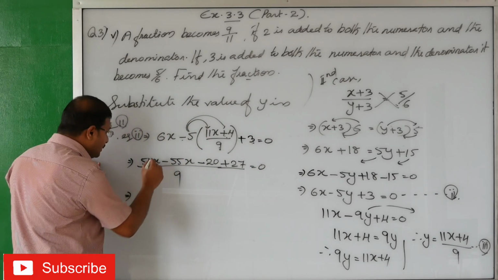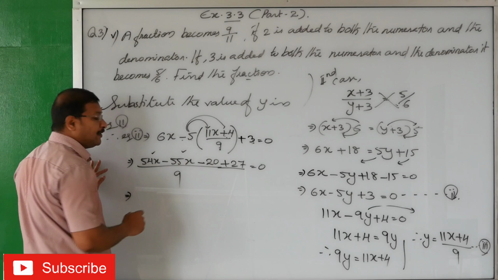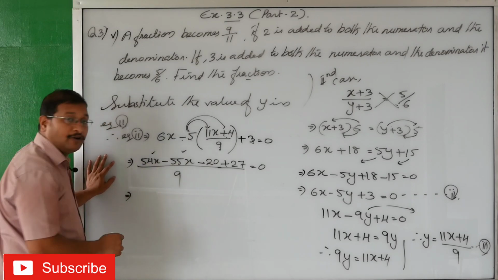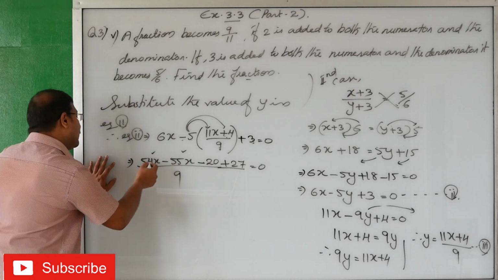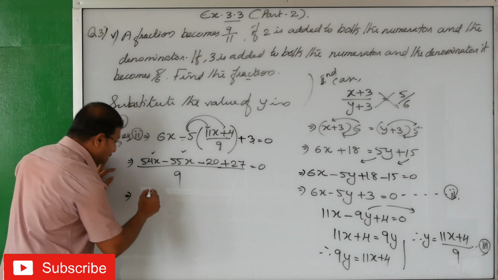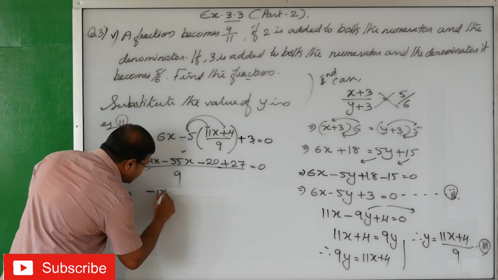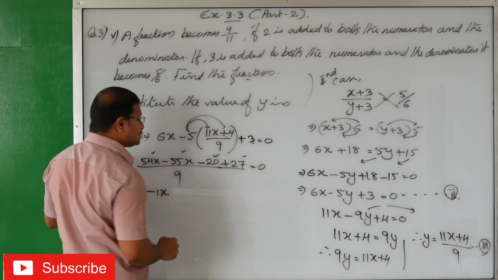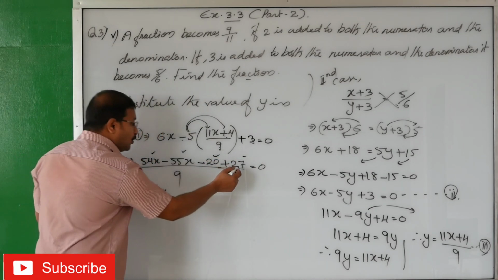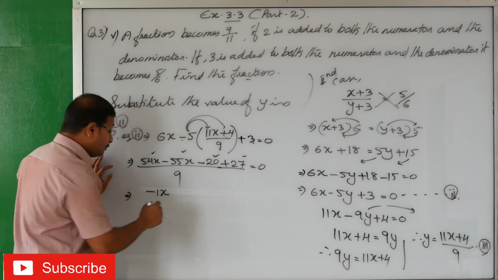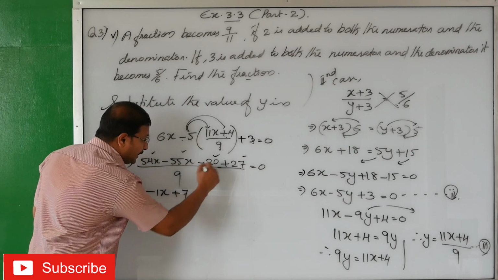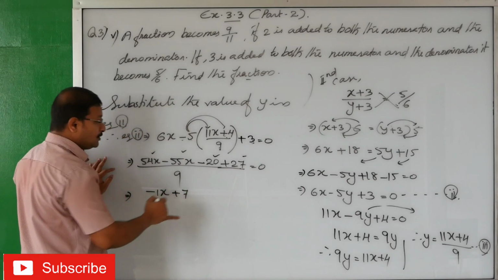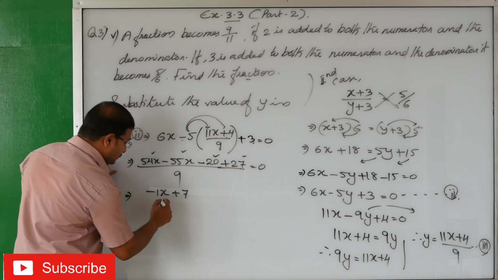This implies 54x minus 55x, minus 55 plus 54, minus 1x, that means minus x. Now plus 27 minus 20, plus 7, the bigger number is plus, so the answer is plus.